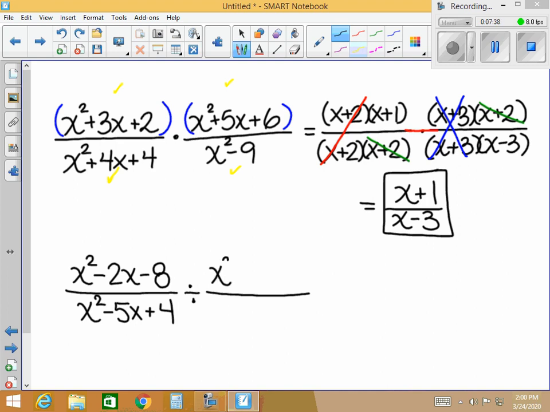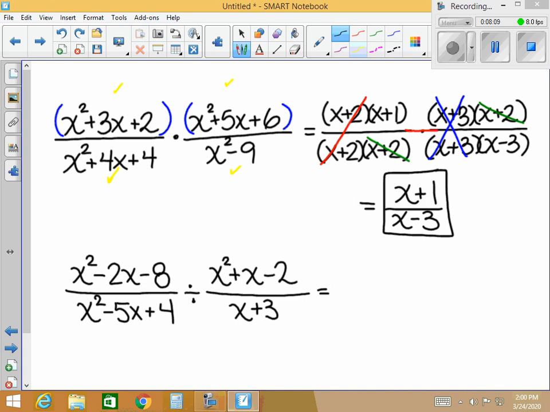I want to take that times x squared plus x minus 2, I like that, over x plus 3, because my brain just went dead. It's been a long day already for me.